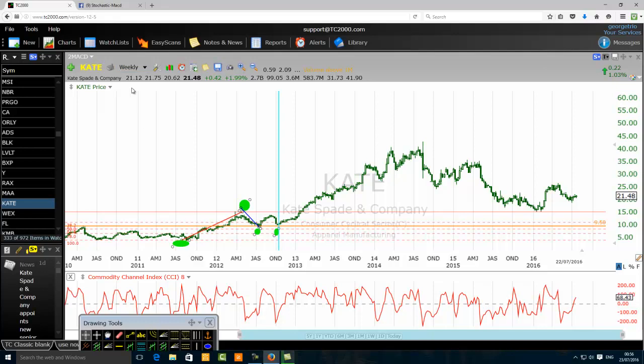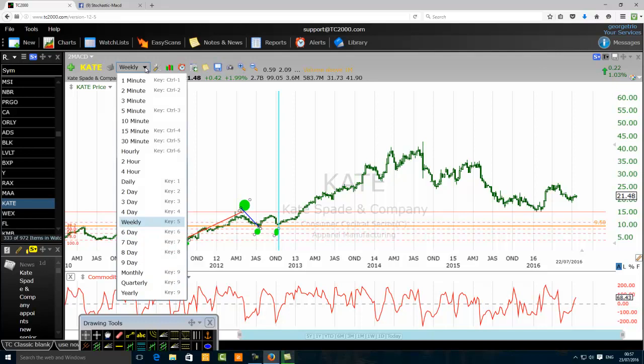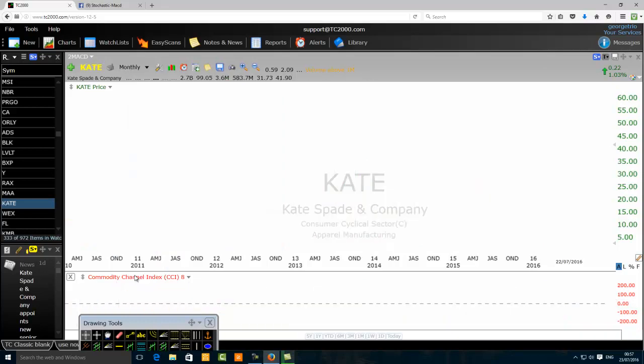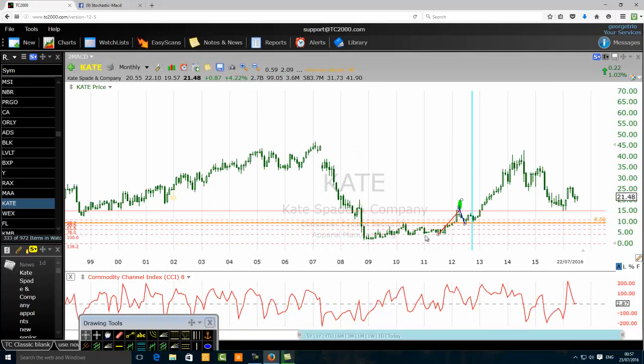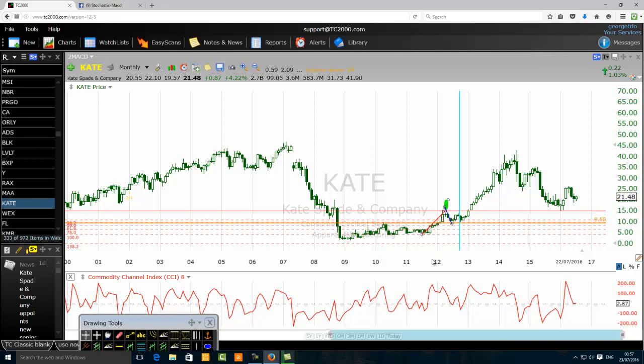A higher time frame to a weekly chart is the monthly chart, or a quarterly chart, or the yearly chart. So I'm going to go to the first and nearest higher time frame, which is the monthly chart, to see whether my trading setup is making sense.